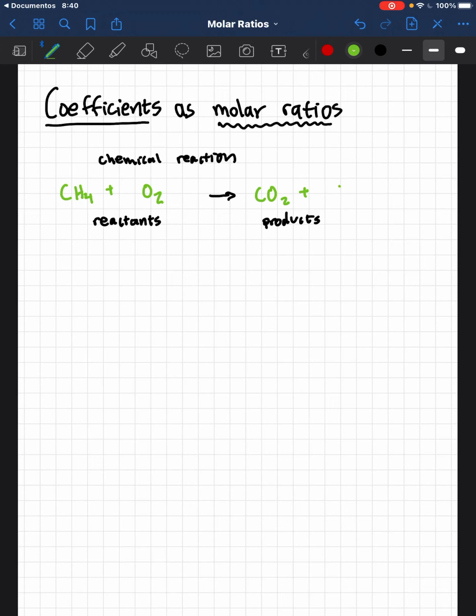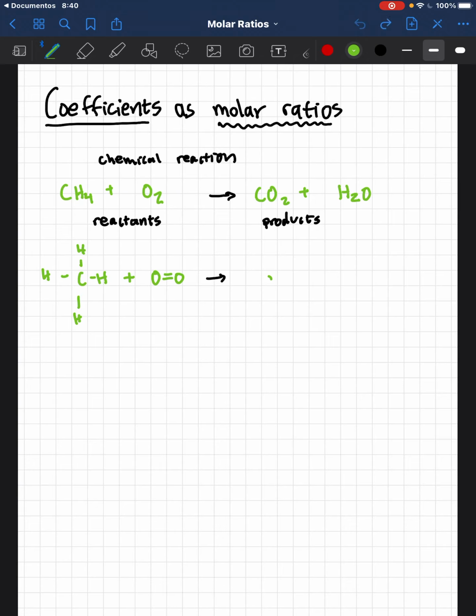And just like in any chemical reaction, I have certain reactants. I'm actually going to draw these as well. The bonds in these reactants break to form new molecules.